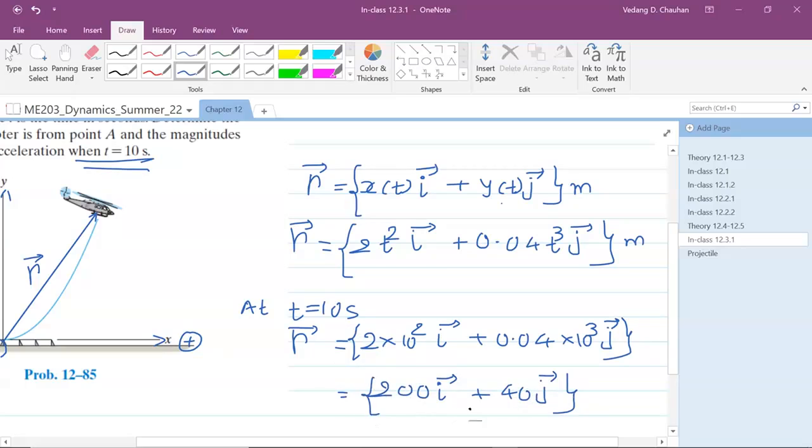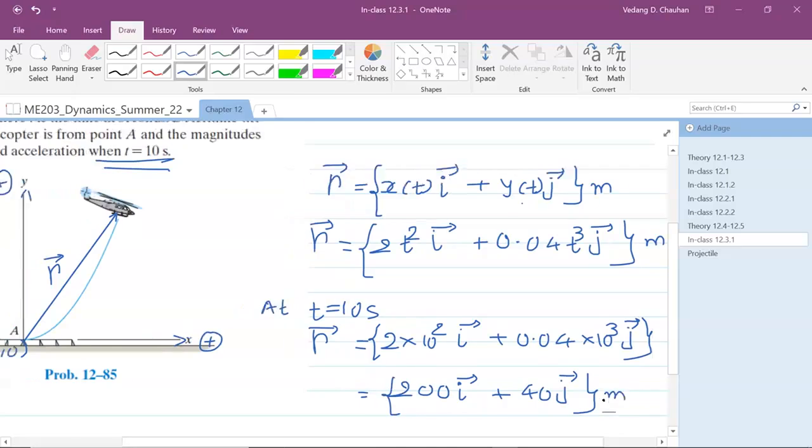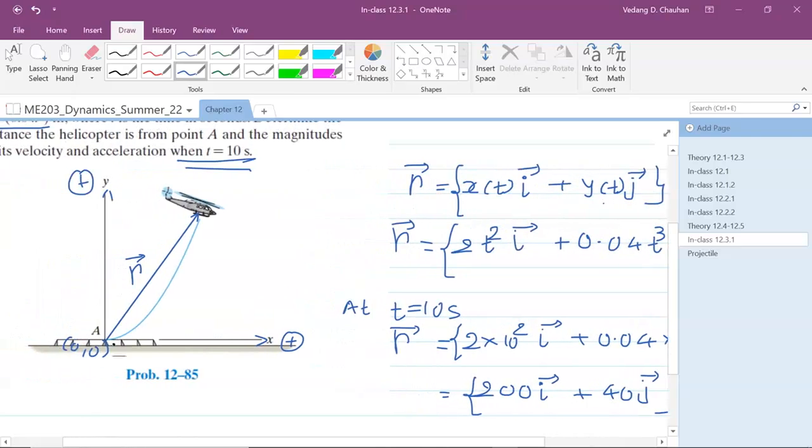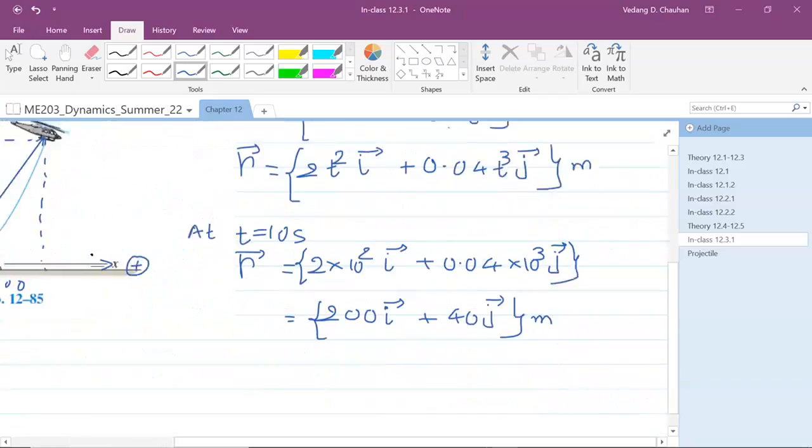How do we interpret this information, by the way? It means the helicopter has traveled 200 along the horizontal axis, the x-axis, and 40 along the y-axis. So at that time, the position of the helicopter along x is 200 and along y is 40 meters. Okay, so that's how we interpret it.